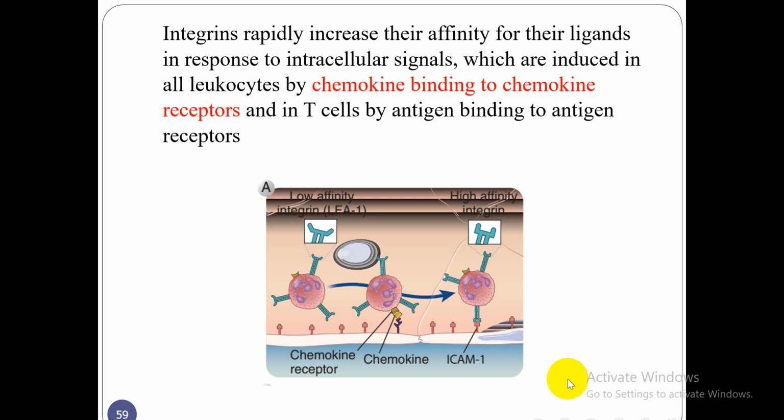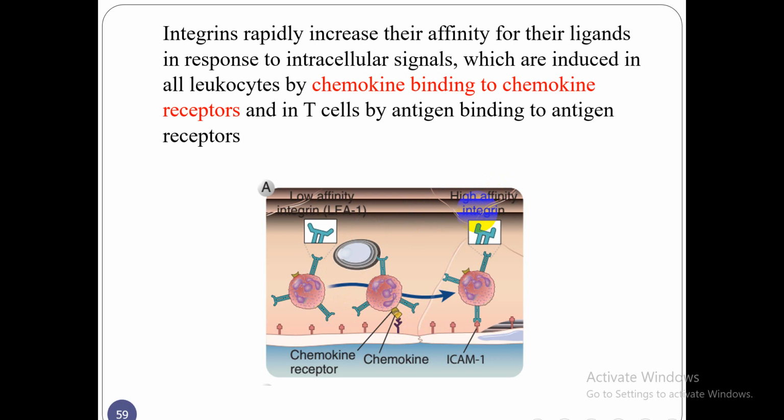These chemokines attach on the surface of endothelial cells, and these chemokines can bind to chemokine receptors on the surface of neutrophils or monocytes, and this interaction of chemokine with chemokine receptor can convert the integrins from low affinity molecules to high affinity ones.